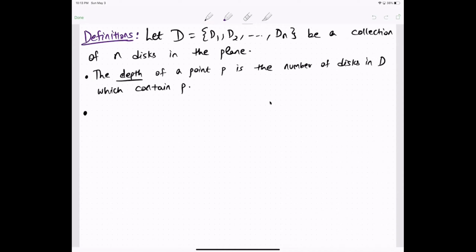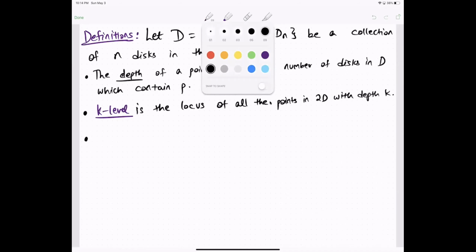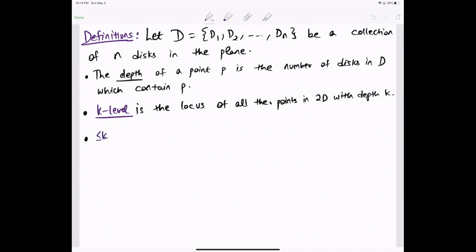So now we'll define something which must be new for all of you, which is K level. K level is the locus of all the points in 2D with depth K. And next we'll have to define, so I'll actually show an example.